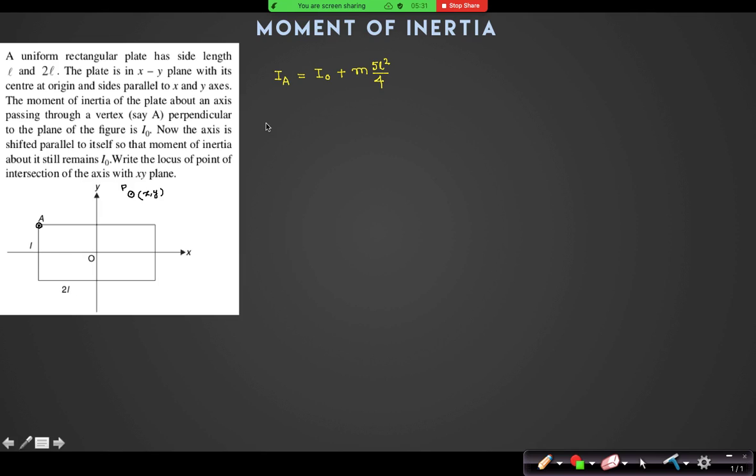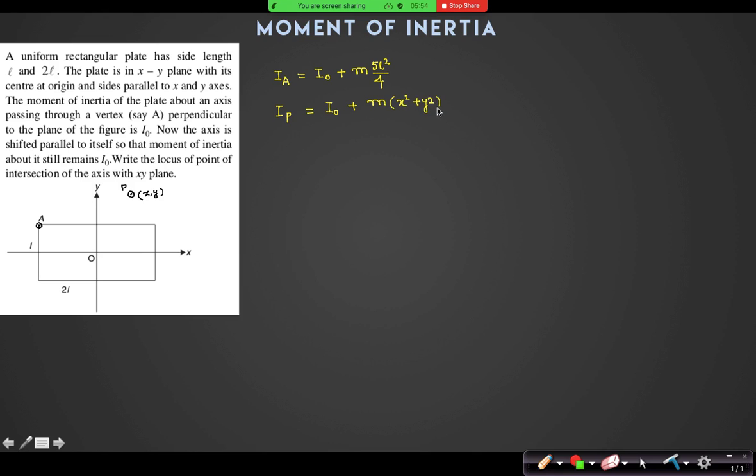Can I write this equation from the parallel axis theorem? Yes. Similarly, I can apply the same theorem for the axis passing through point P and write I_P equal to I_O plus M into x square plus y square.